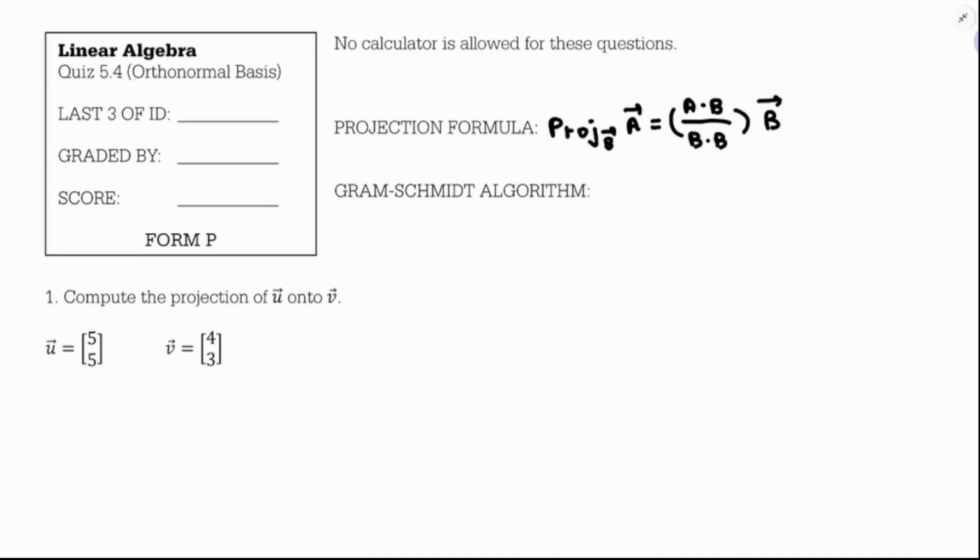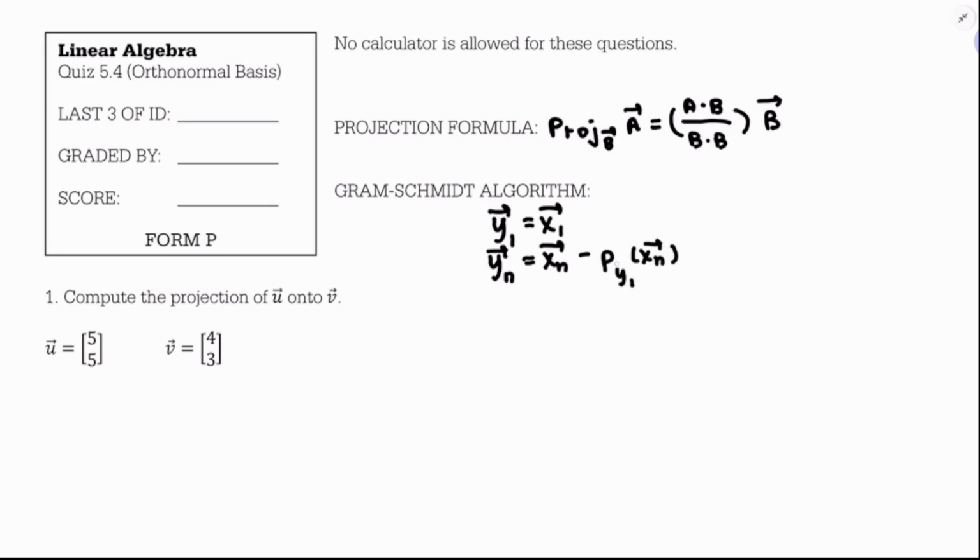All right. So with quiz 5.4, I'm going to give you the projection formula and then the Gram-Schmidt algorithm. We don't really need to do the Gram-Schmidt algorithm on this quiz. Actually, I don't think we do. But the algorithm is y1 equals x1, and then yn equals xn minus the projections of xn onto each of the previous y's.